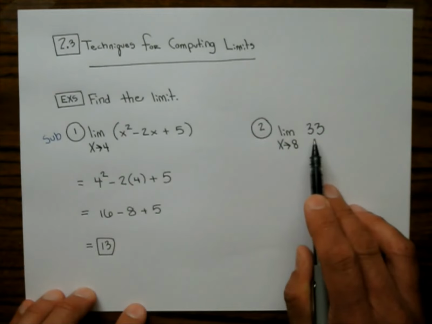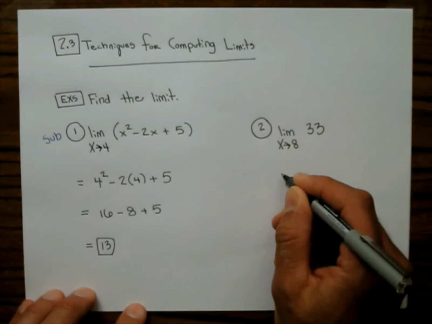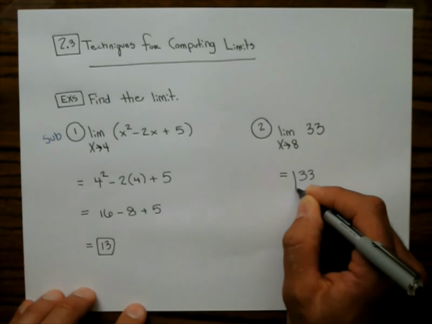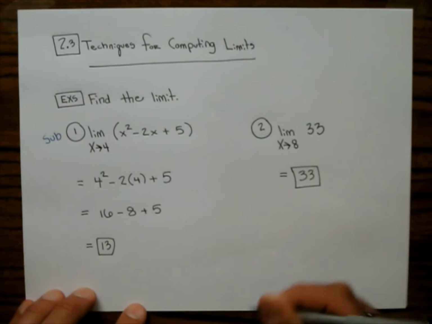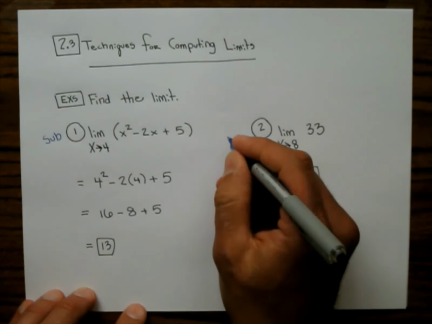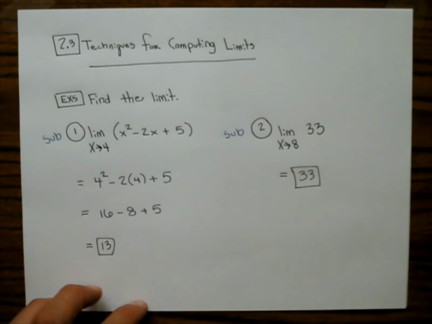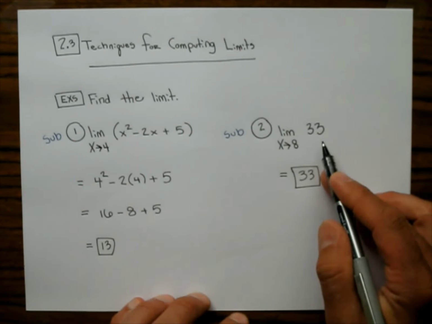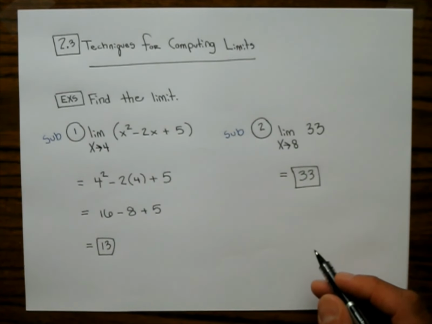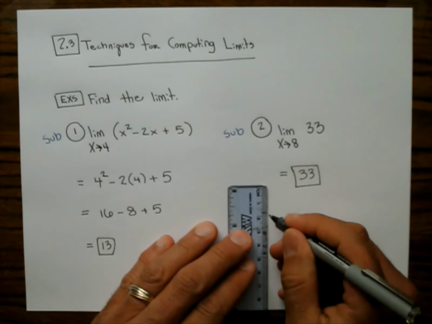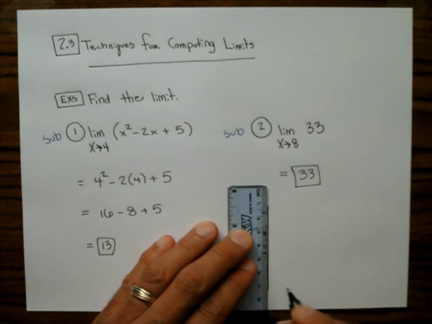Whatever you put into that, the output is always 33. So when I put 8 in there, the answer is 33. And so this one also happens to be substitution. Substitution means you just put 8 in for x. There was no x. So if this is making you feel a little alarmed or crazy, let's just think about what this is with the picture. So we're done with the problem.